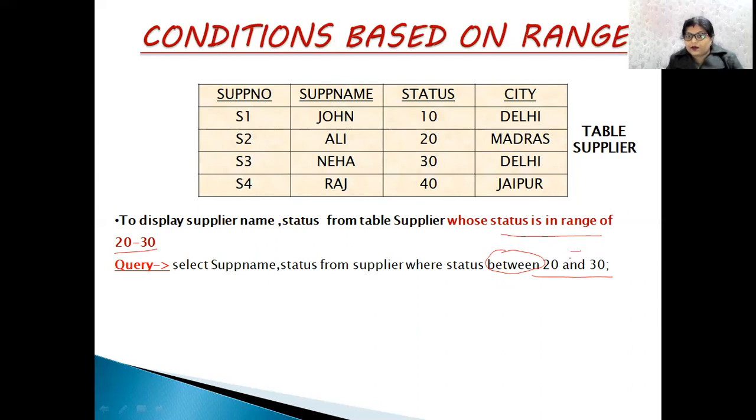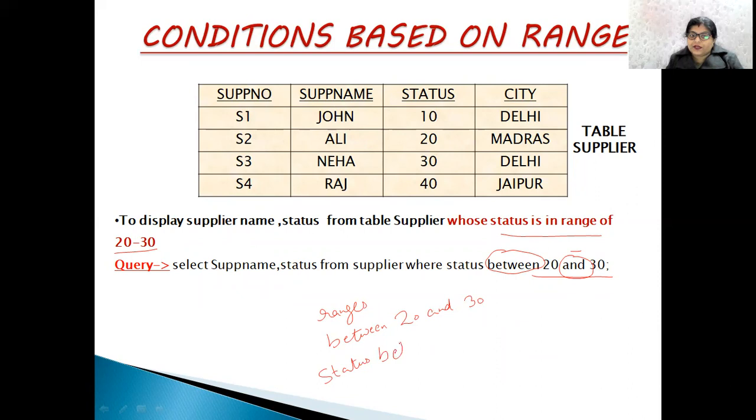When we are using ranges, we have to use BETWEEN, like between 20 and 30. Suppose they are asking it is greater than 20 and less than. So how can we write status?